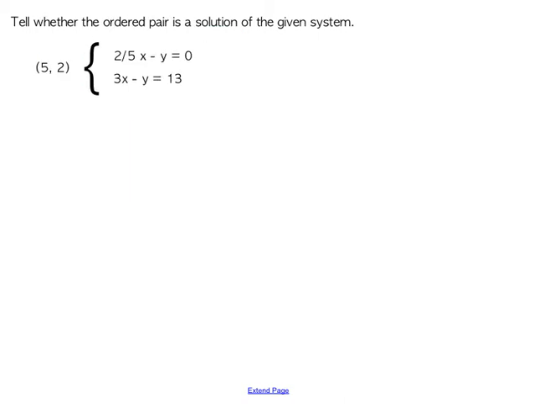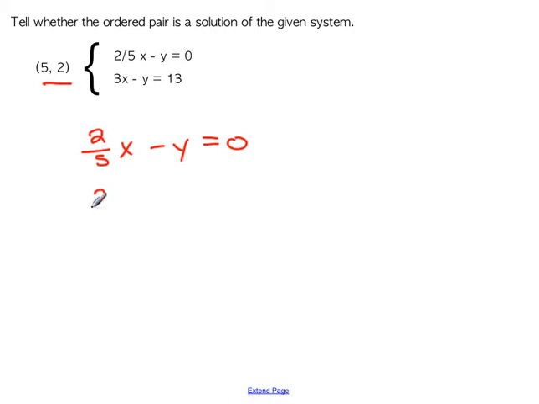Take a look at another example here. We have the ordered pair 5, 2, and we have to test it out with these two equations. So again, 2/5 x minus y has to equal 0. And we're going to substitute our values in.